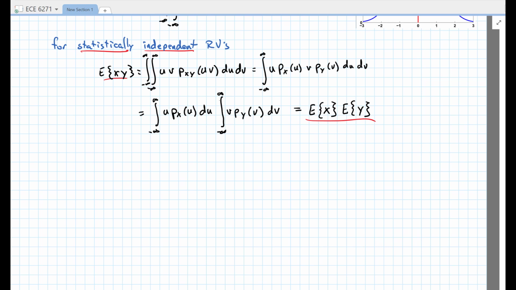However, even though that's the case, we can also have uncorrelated random variables, and uncorrelated random variables also have this property where the expected value of xy equals the expected value of x times the expected value of y.